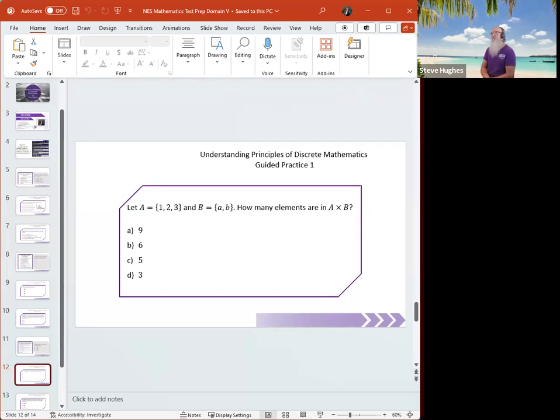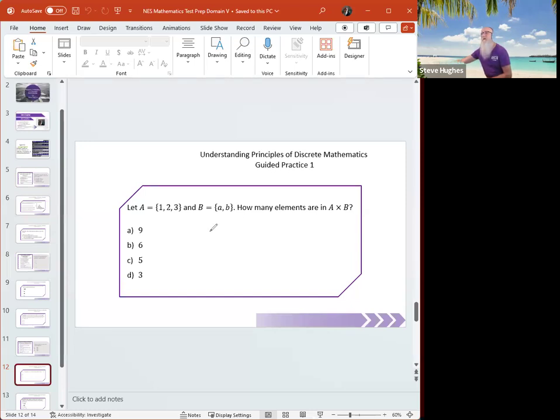Everybody, when you think about the cross product, I want you to think about a Cartesian product, or in other words, how many unique pairs can I make? So I'm looking at multiplication of sizes. The cross product is the number of elements in set A multiplied by the number of elements in set B.